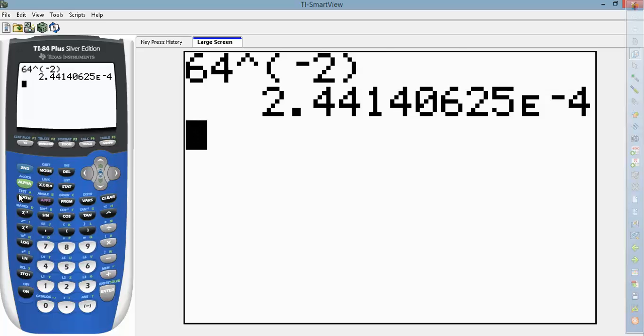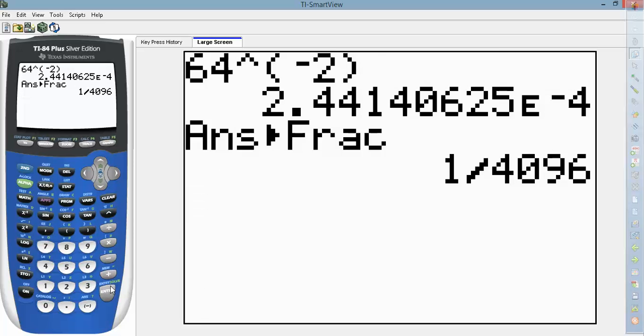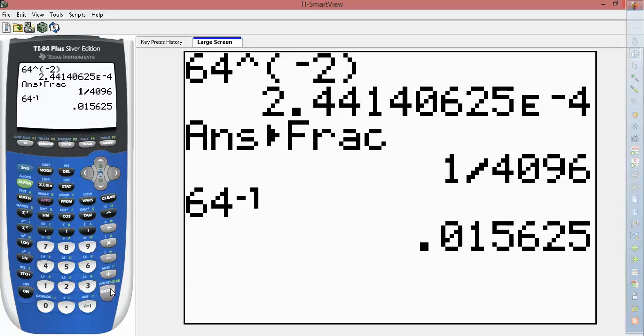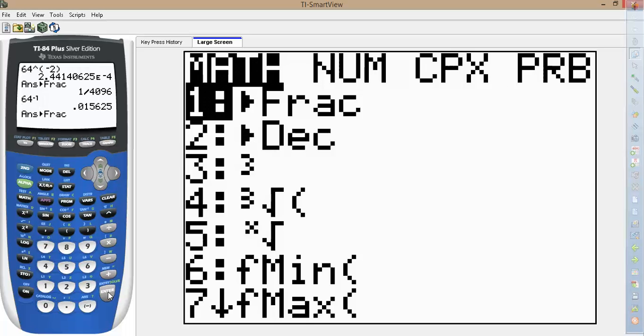That definitely does not look like 8. In fact, if I were to fraction that out, it looks like 1 over 64 squared. So that's not working either. If we try 64 with the inverse button, does that work? I guess no. In fact, that would just get us 1 over 64, wouldn't it?